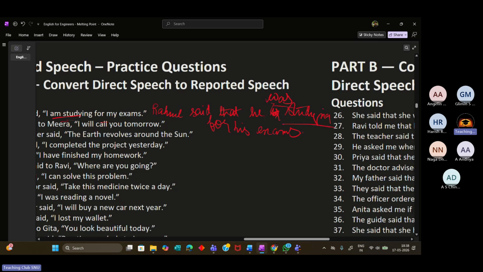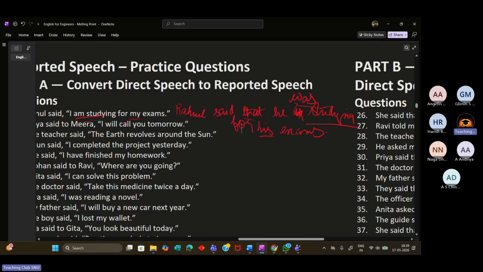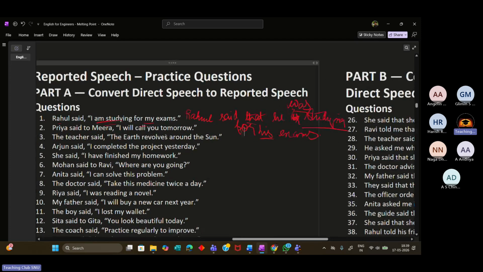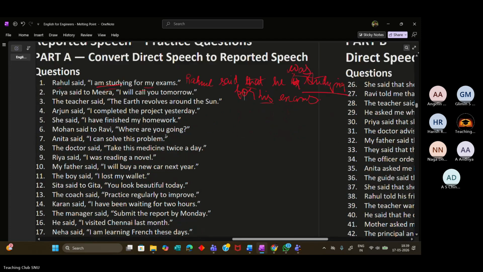We change the present to past tense, and we change the first person to third person, and we add "that" to it. That's it, guys. Any question in this? A thumbs up would do.